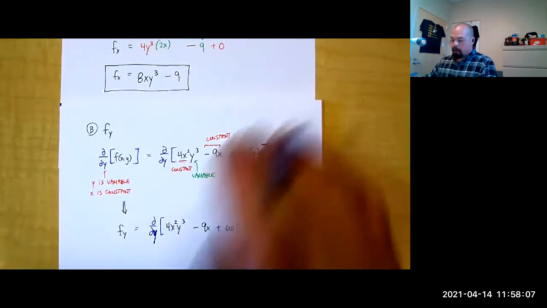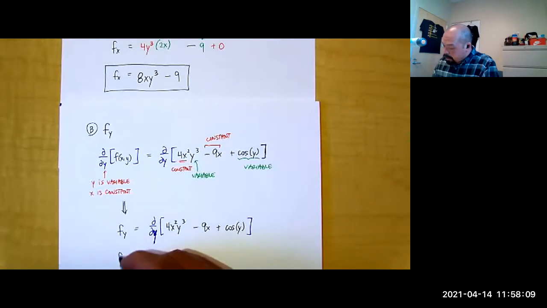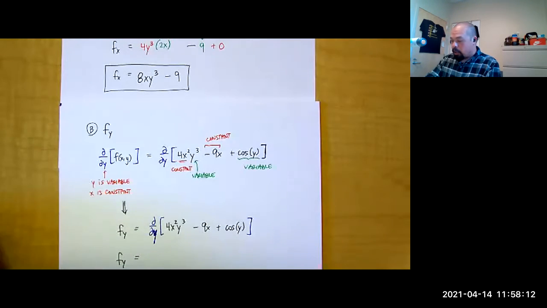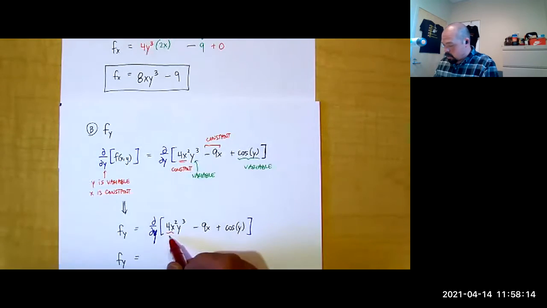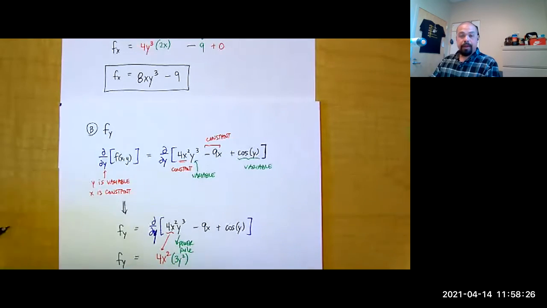Taking time here to be more careful. All right, so here we go. For our f sub y, now the constant comes down, 4x squared. Our power rule for the y cubed, 3y squared.